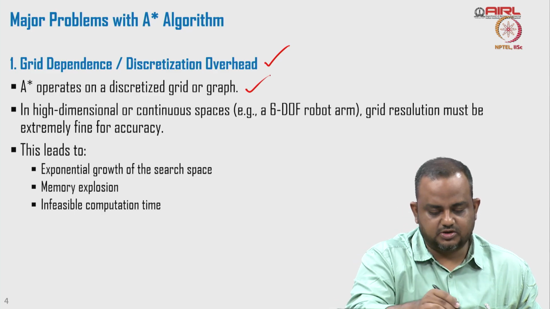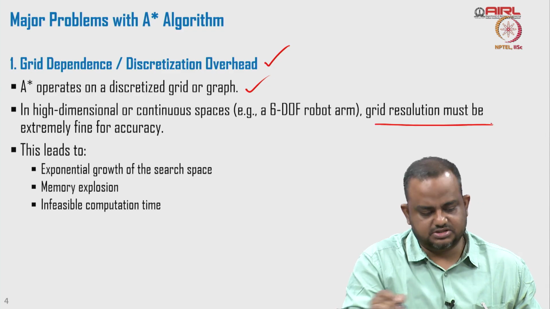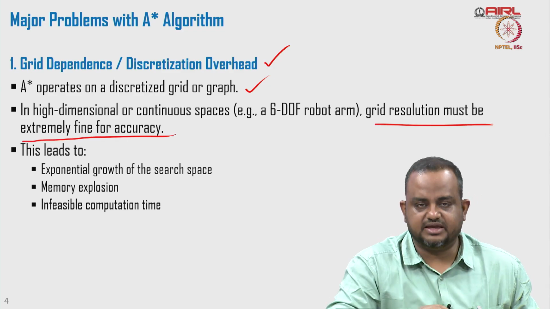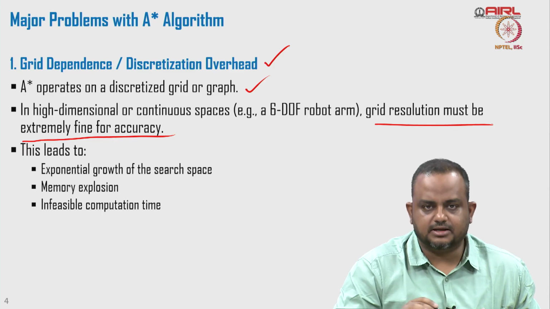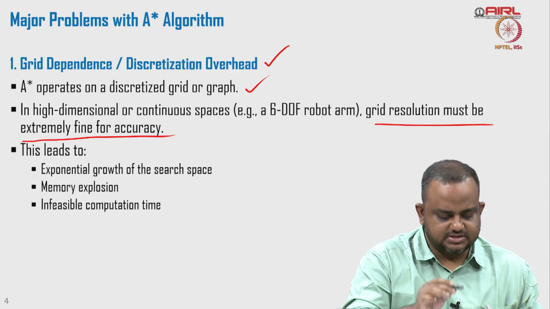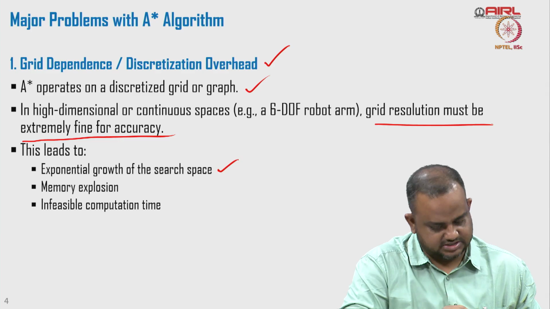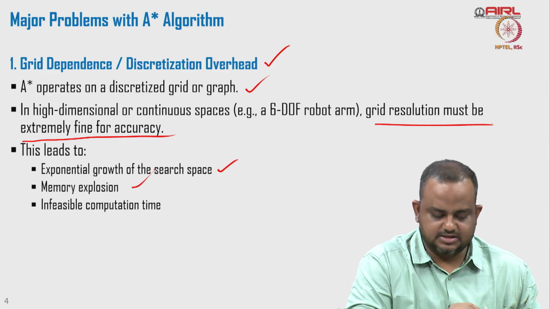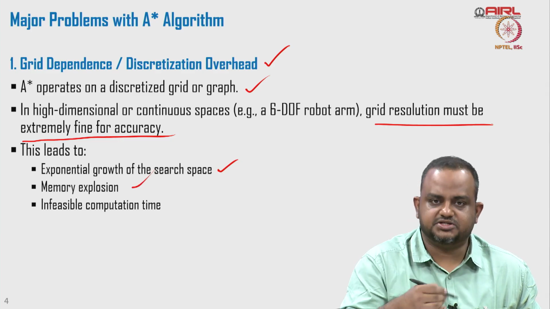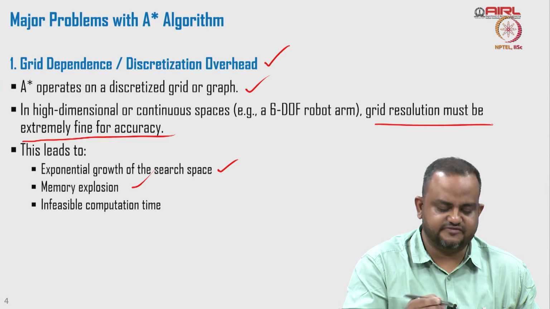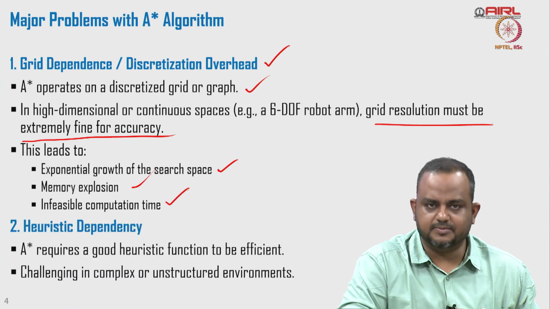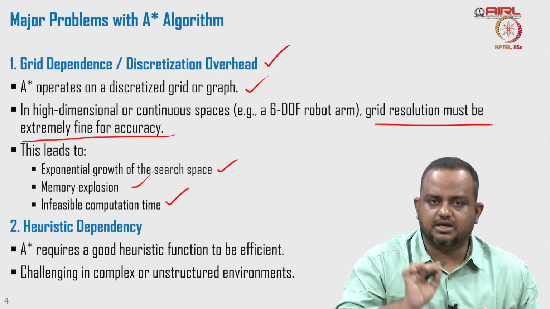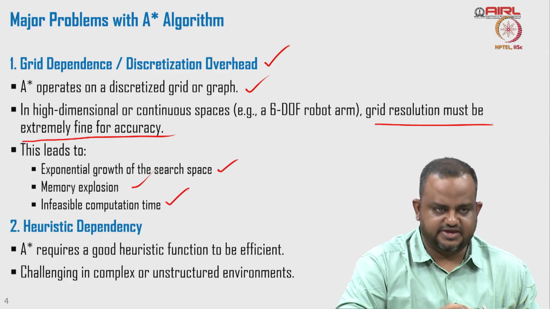In high dimensional or continuous spaces, grid resolution must be extremely fine for accuracy, but that increases the memory requirement and certain other associated problems. Okay. So, this leads to exponential growth of the search space. So, memory explosion will be there, and sometimes the computational time we finally end up with is infeasible, right. Another problem is heuristic dependency. So, these are the two major problems of A star algorithm.